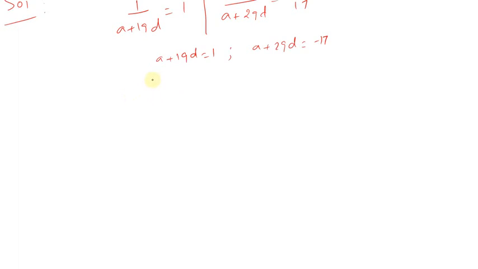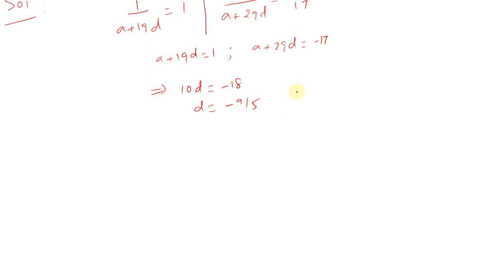Now let me solve these two equations. You get cancellation by subtracting, 29D minus 19D. You are getting 10D is equal to minus 18. So D is equal to minus 18 by 10. This is nothing but minus 9 by 5. Let me calculate the A value.